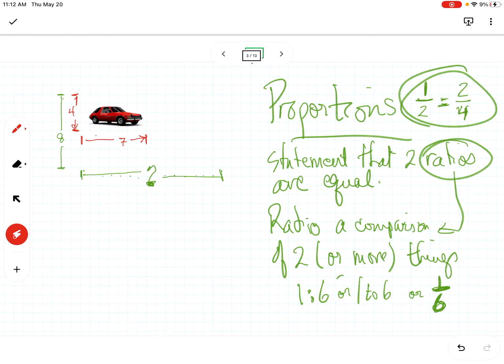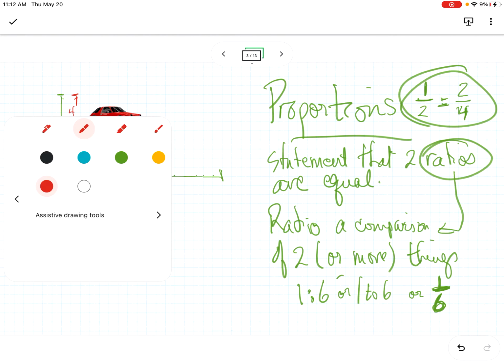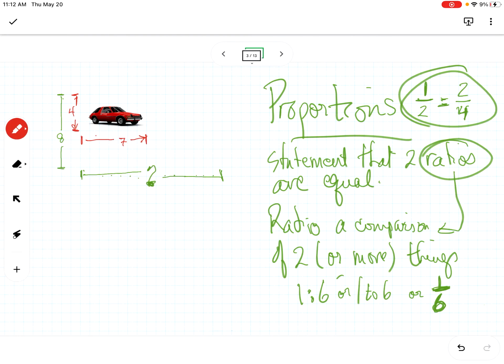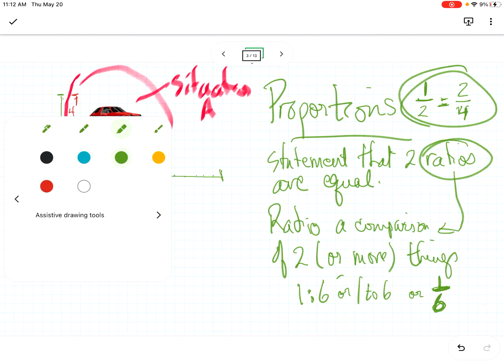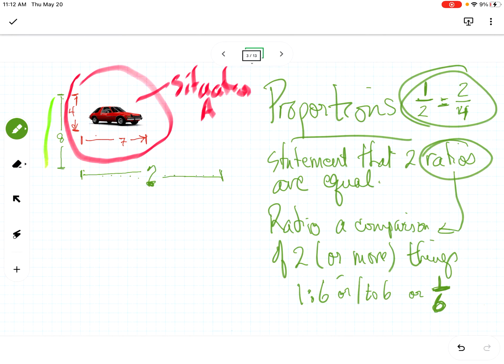Okay, here are the characteristics of a proportion question. The first characteristic is that we have two situations. Right up here in red, we have the original picture. I'm going to call that situation A. We also have a second situation, which I'm showing in green here.